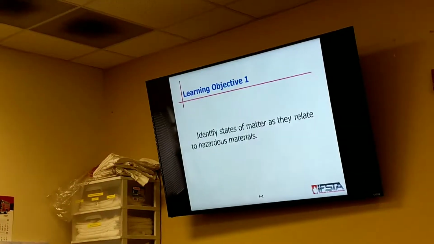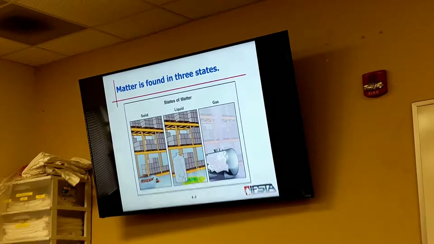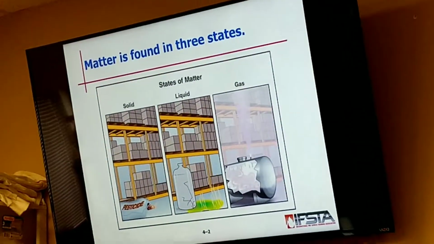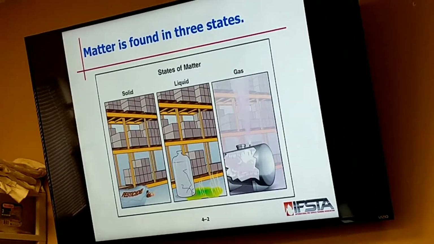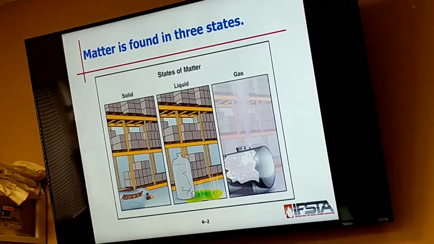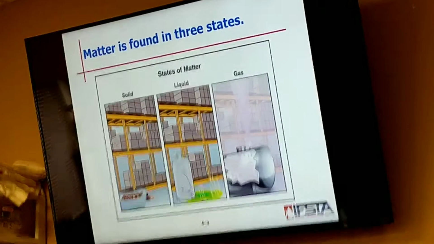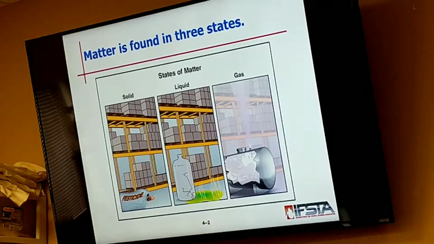Matter and how it relates to hazardous materials. An uncontrolled hazmat release from a container can create many problems.